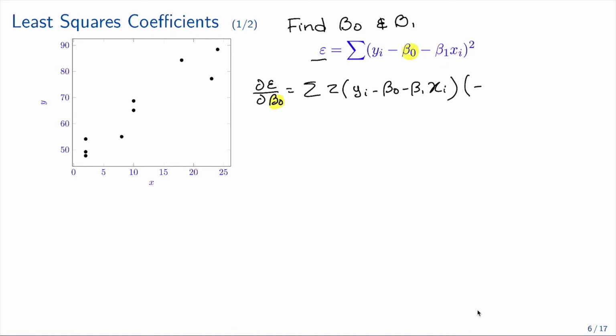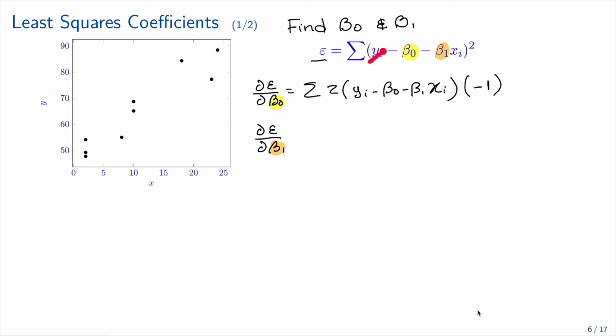So that's minus 1. Now we have to derive the error with respect to beta 1, and let me highlight where beta 1 is. Everything different from beta 1 is a constant, so these two are going to be constants.